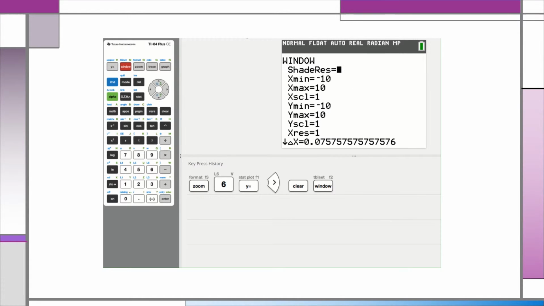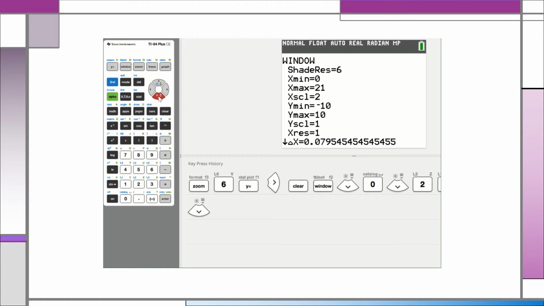All right, well, here we are on the calculator, and as promised, the first thing I'm going to do is change those window settings. Remember, I said I was going to set the X minimum to 0 because I'm not going to have negative time. Then I set the X max to 21 because in our problem, we went out 20 years. So that I could actually see something, I'm going to set my X scale to 2, which means I should see every 2 years on the X scale.